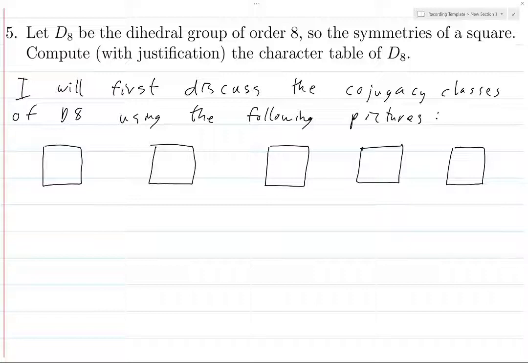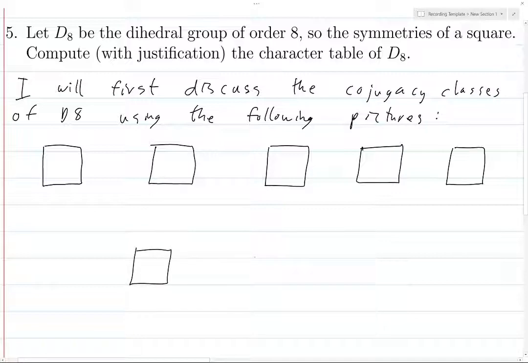And I've had conjugacy classes described to me as those particular actions, those particular symmetries, which you could identify even if you didn't have the beginning and ending positions. If you just saw the action, you'd be able to identify it.